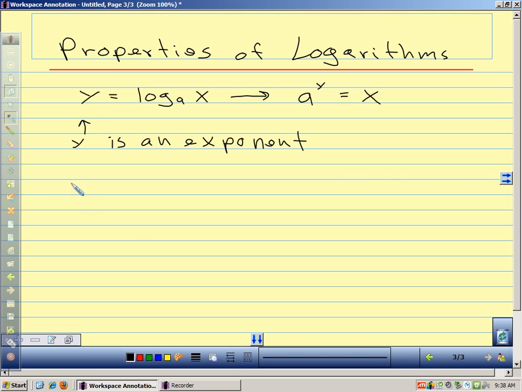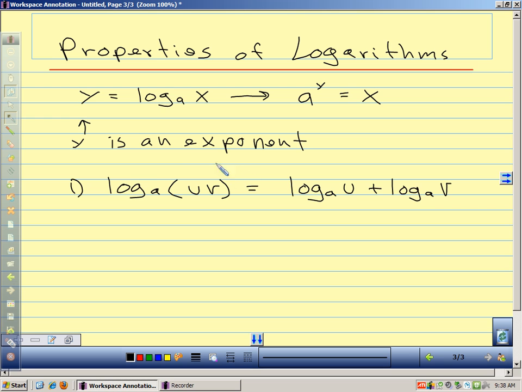Our first property: log base a of u times v is log base a of u plus log base a of v. When we're taking the logarithm of a product, we can split it up into a sum, into adding.